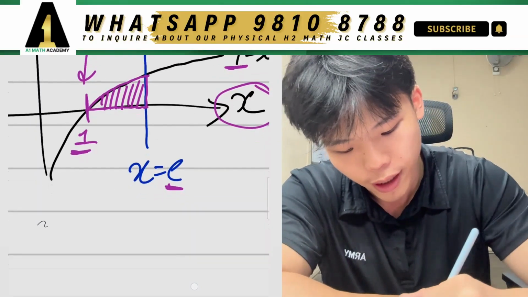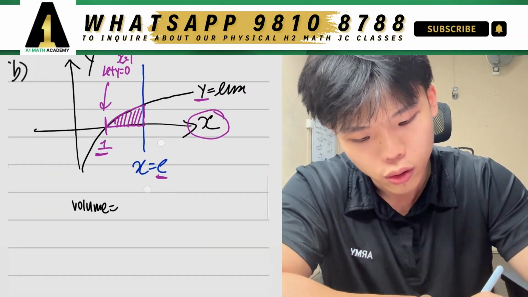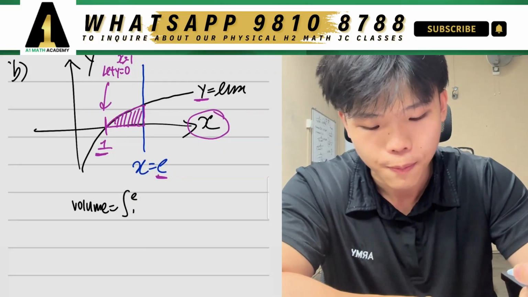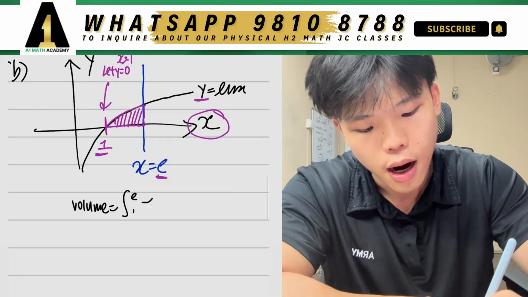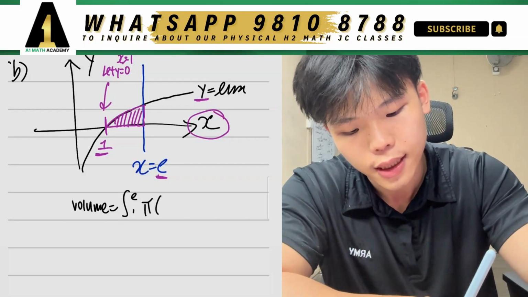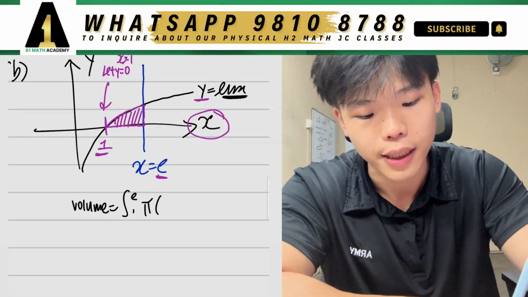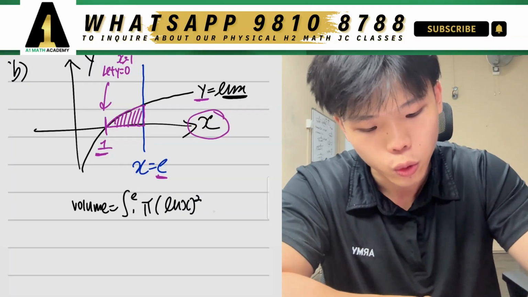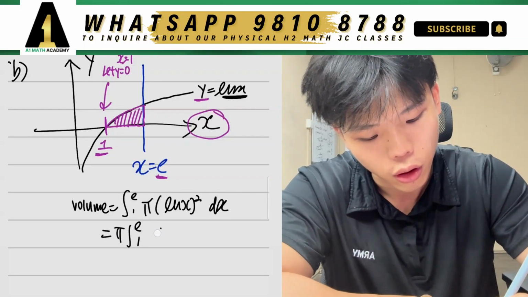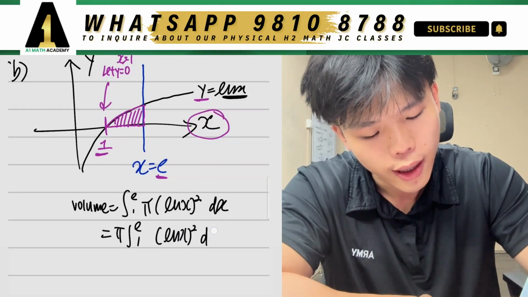The volume would just be an integral from lower limit to upper limit of pi r squared. My r squared is essentially my equation, which is ln x squared dx. Then of course I can take out pi and I have the integral of ln x squared dx.